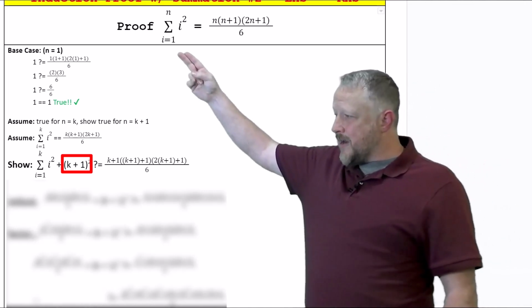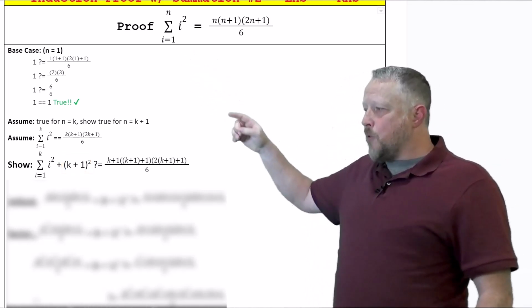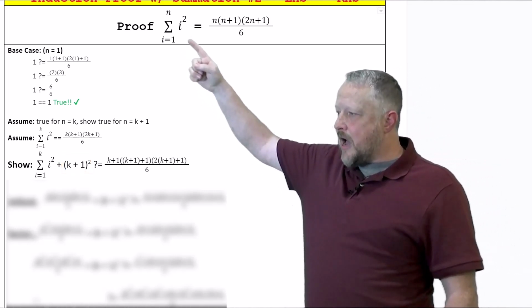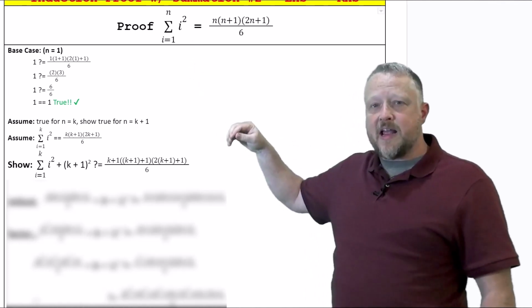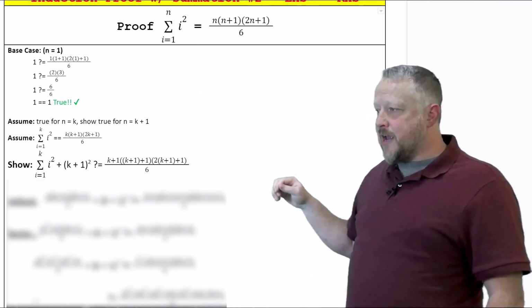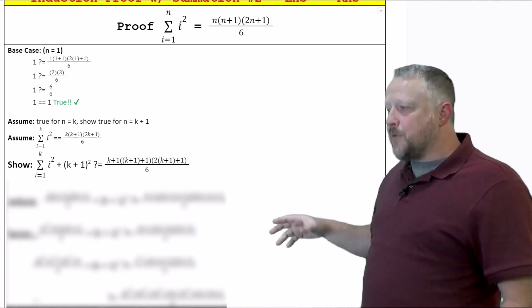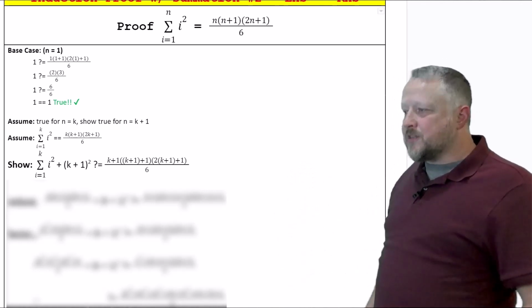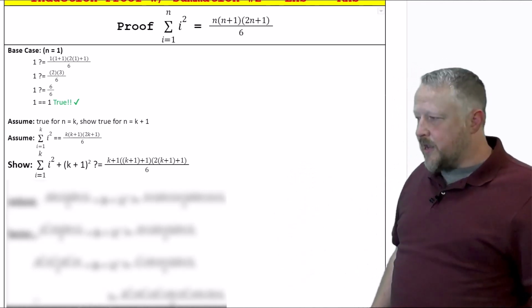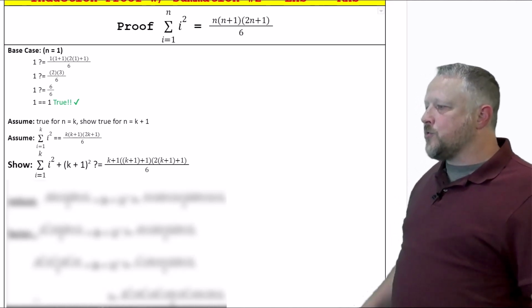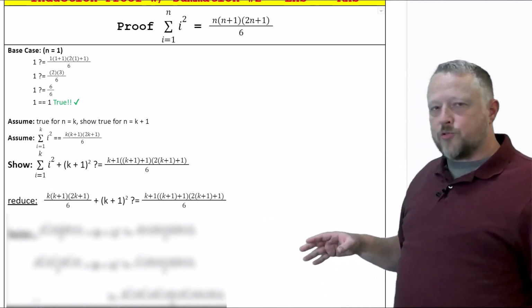Well, first part is this, and then the second part is I'm going to replace that i eventually with my k, because you can exactly see where the k is popping up here, and have k plus 1 squared because that's what my i originally was going to be. Now, how am I going to do that is my next reduce.